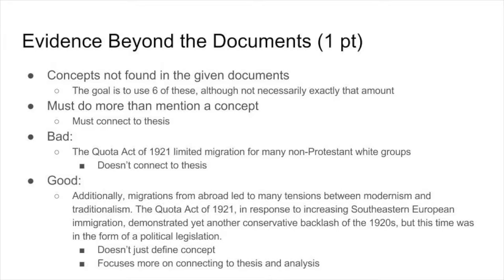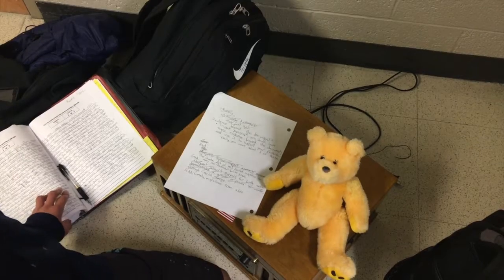A good example is, additionally, migrants from abroad led to many tensions between modernism and traditionalism. The Quota Act of 1921, in response to increasing southeastern European immigration, demonstrated yet another conservative backlash of the 1920s, but this time was in the form of a political legislation.